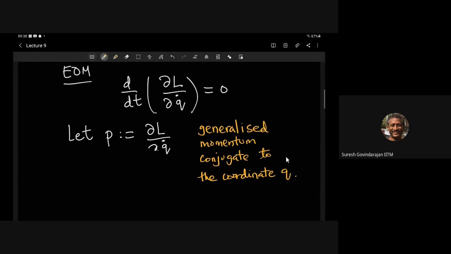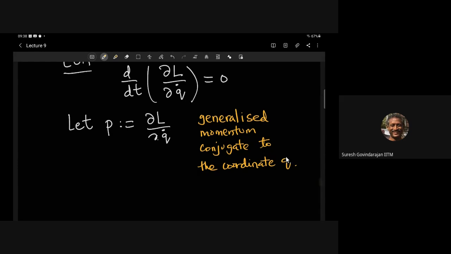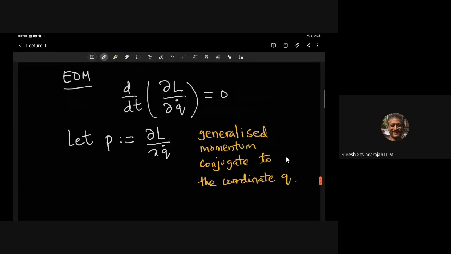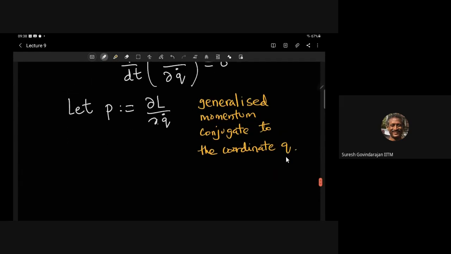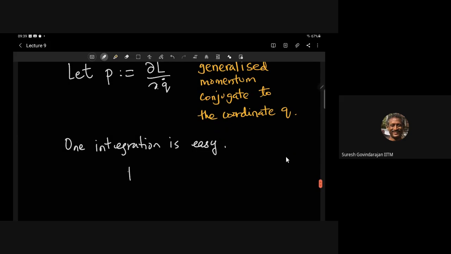It's just borrowed from there, but generalized. So this equation, integrating once, you can write p, which we saw defined to be dL by dq dot, equal to a constant.